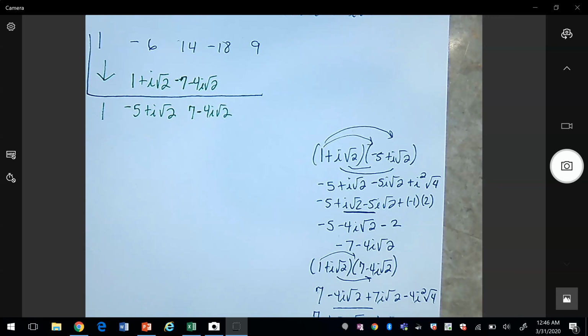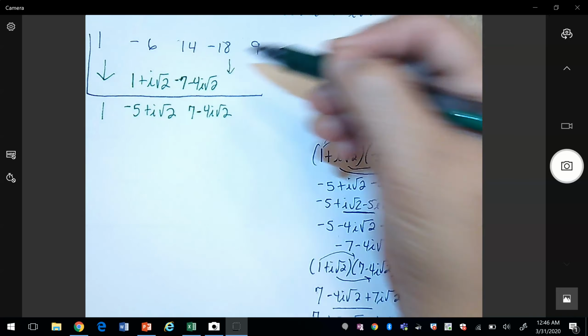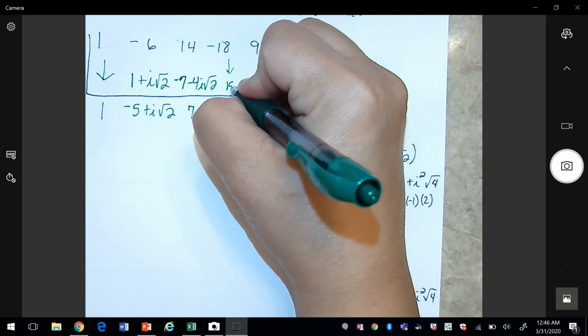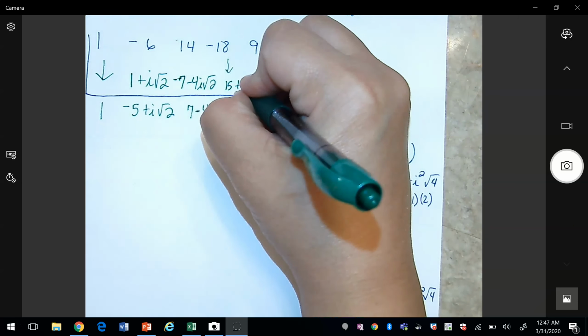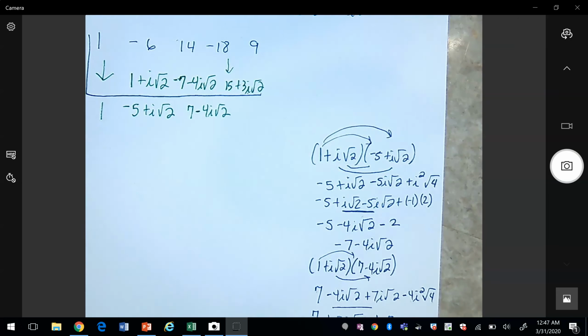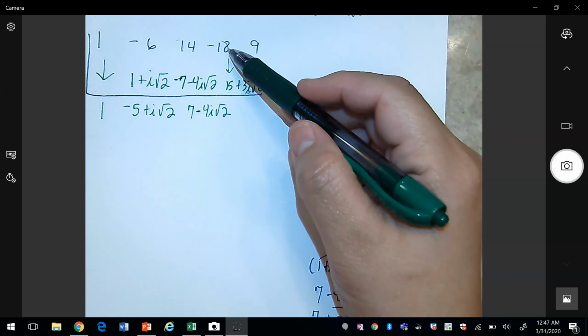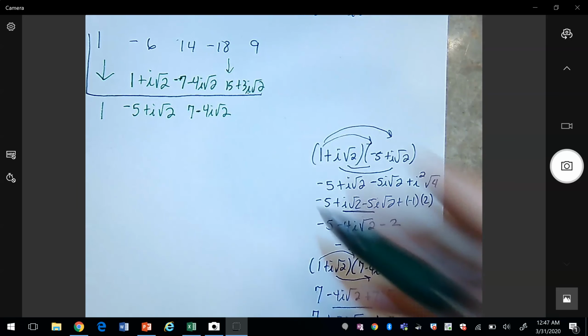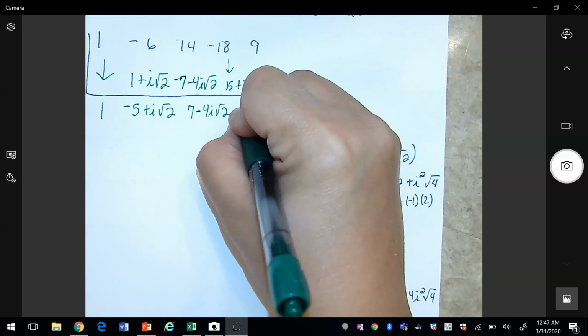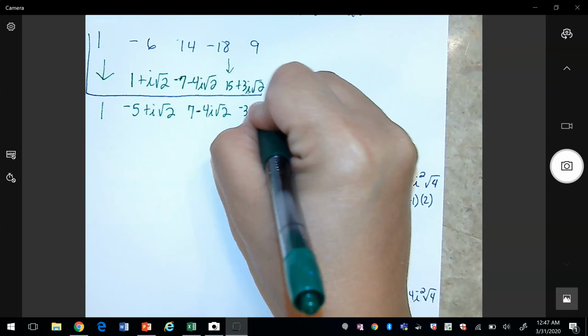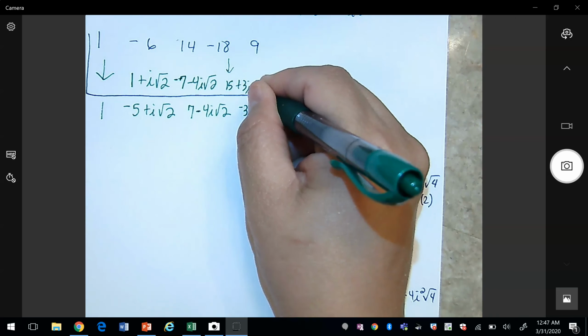So that would be 15 plus 3i square root of 2. And that's going to be under the 18 here. So if we add negative 18 plus 15, we get negative 3 plus 3i square root of 2.